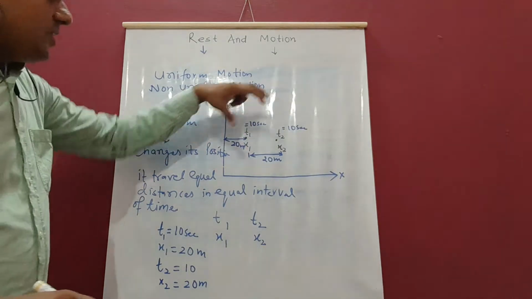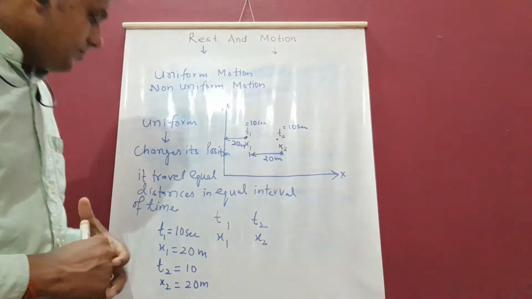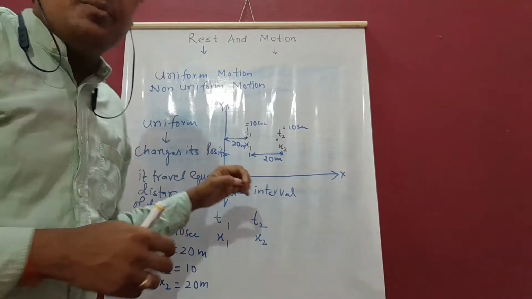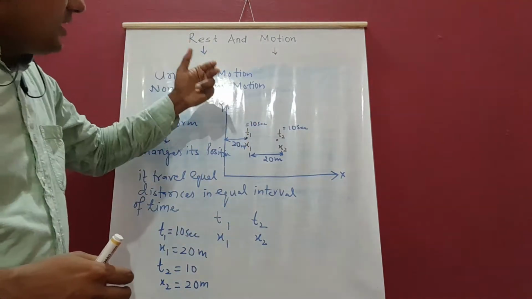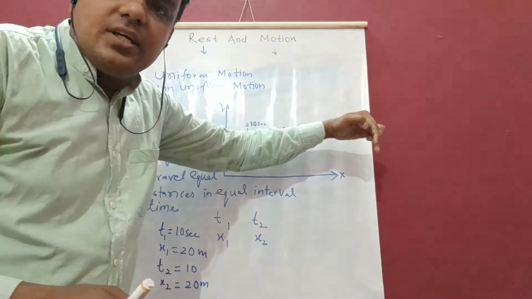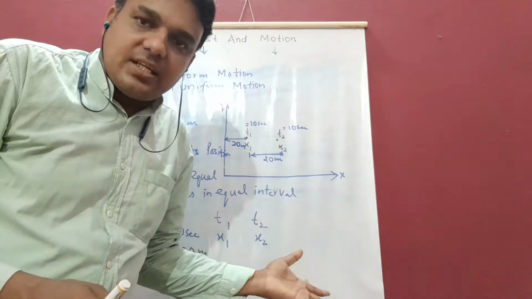So if you see the diagram, this object covers a distance of 20 meter in 10 seconds. Again, it covers the next 20 meter in the same time, that is 10 seconds.